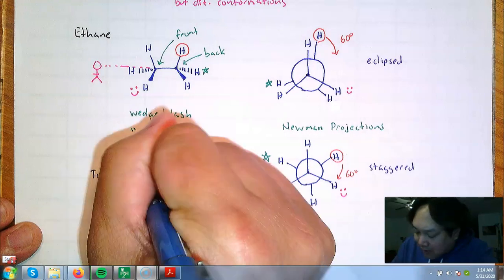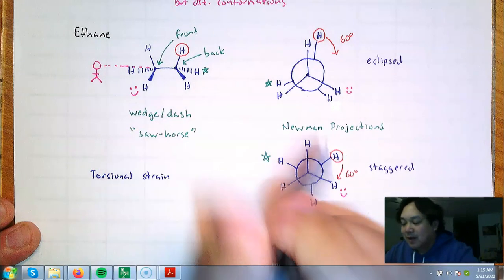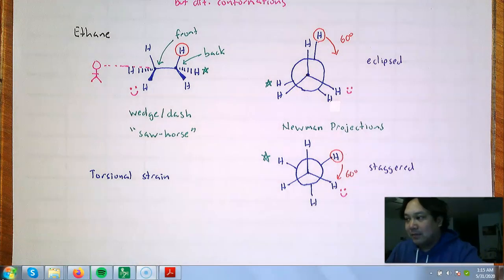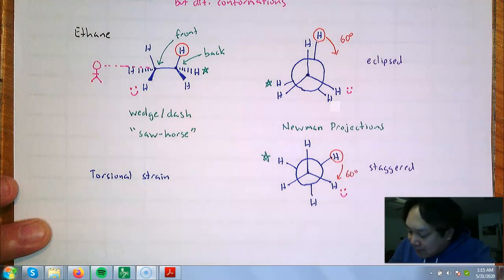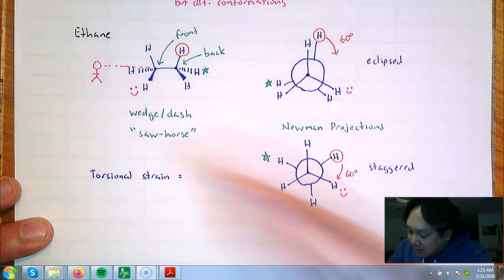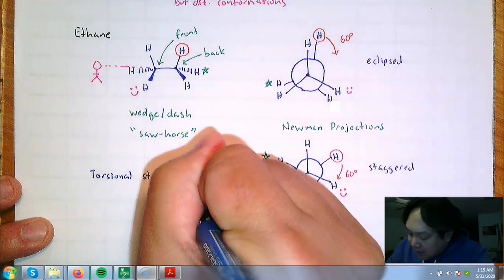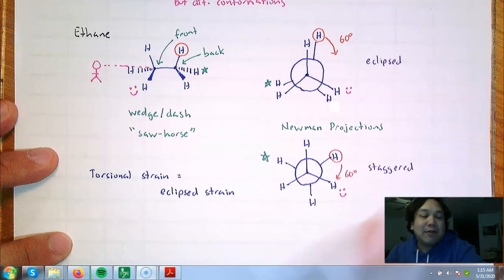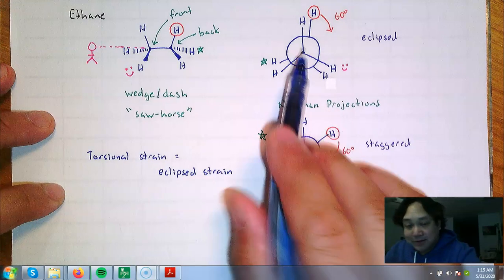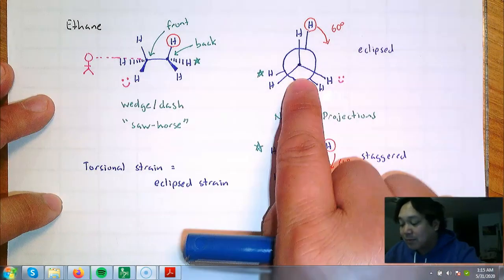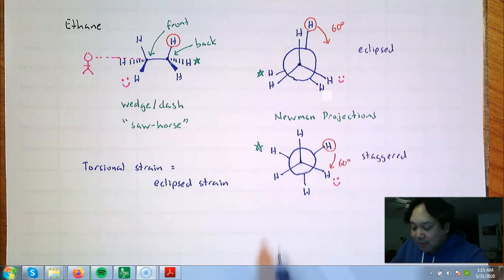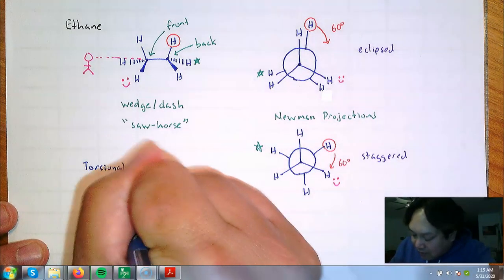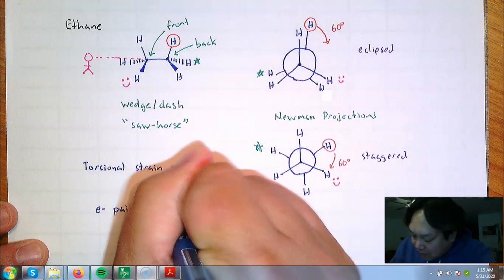Why are we having strain though? It's because we have electron repulsion. You know that like charges repel. So this is also going to be the same as, it's not commonly used, but you can think of it as eclipsed strain. Whenever you have a molecule with eclipsed bonds, like shown in this Newman projection, you're going to have torsional strain because we have electron pair repulsion. Of what?